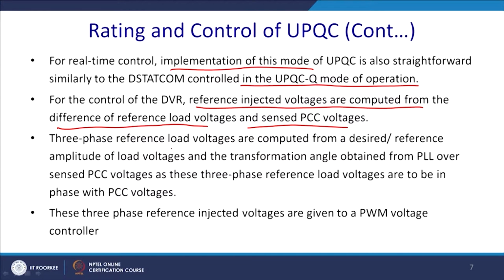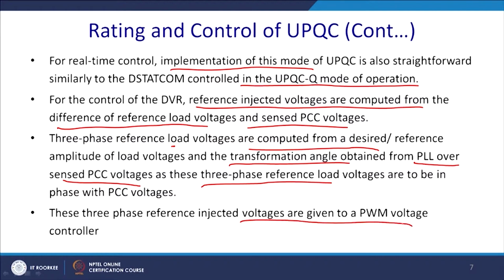The 3 phase reference load voltages are computed from a desired reference amplitude of the load voltages and the transformation angle obtained from the PLL over the sensed PCC voltage, as the 3 phase reference load voltages are to be in phase with the PCC. These 3 phase reference injected voltages are given to the PWM voltage controller to generate the reference voltage, and this will be injected with the series compensator.